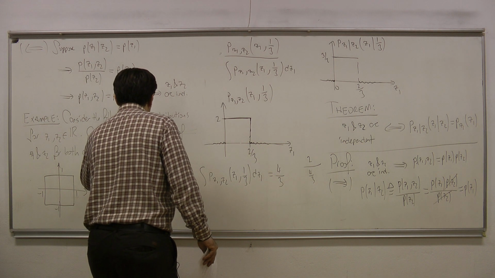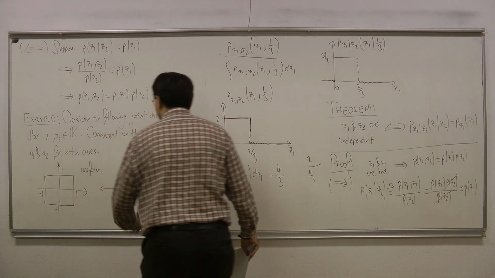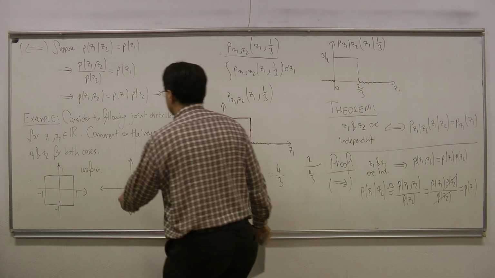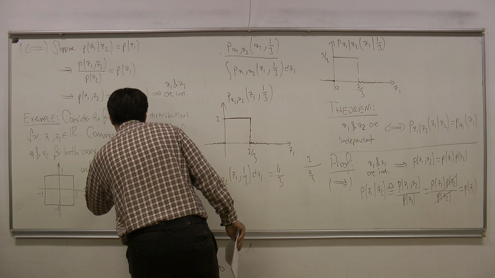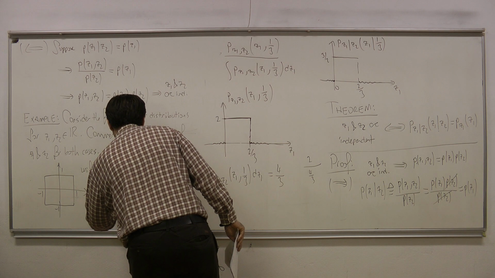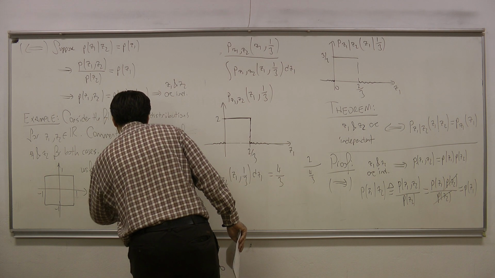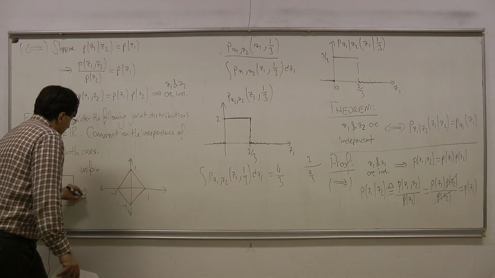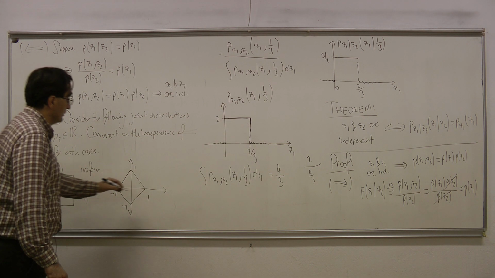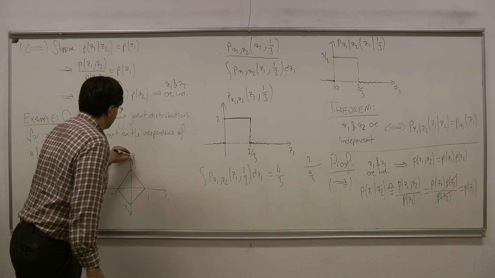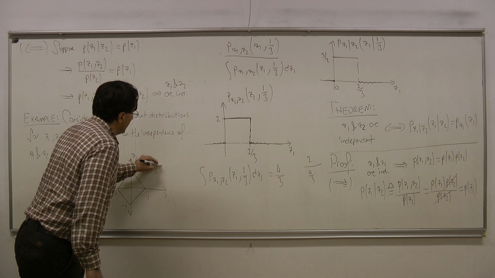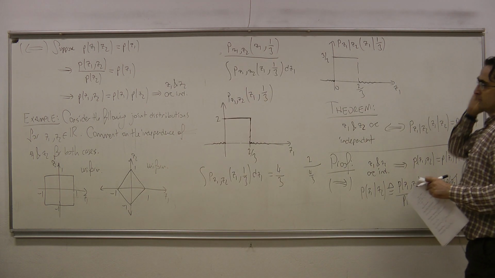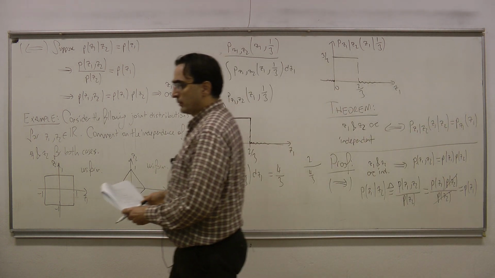And in the other case, I would have the joint distribution also uniform, but on a diamond shape like this. Minus 1, 1, 1, minus 1. So the variables are Z1, Z2, and in both cases I have a uniform distribution.